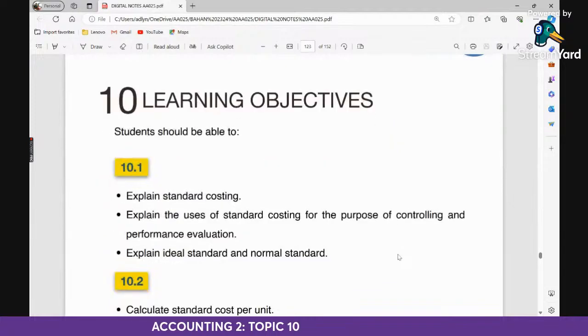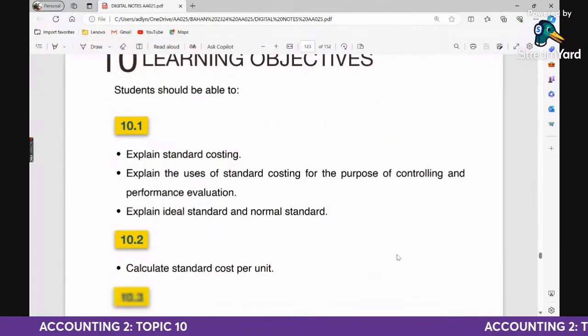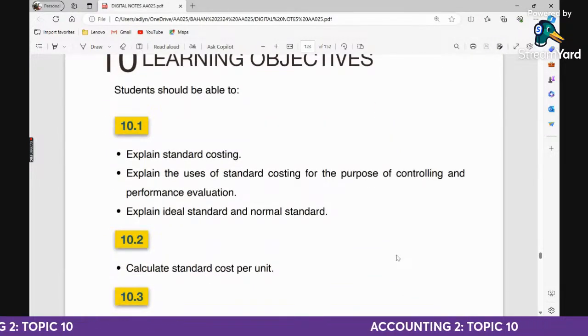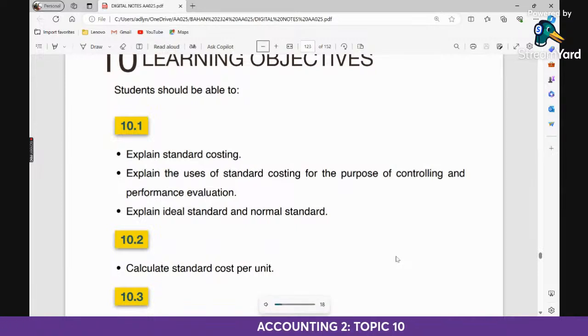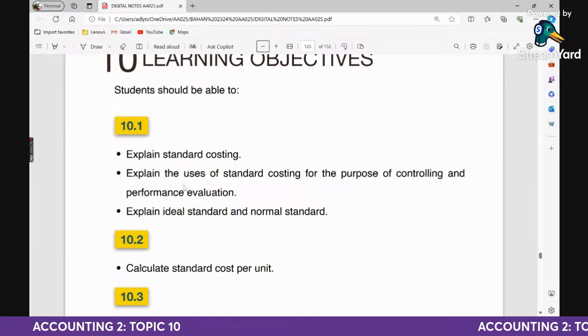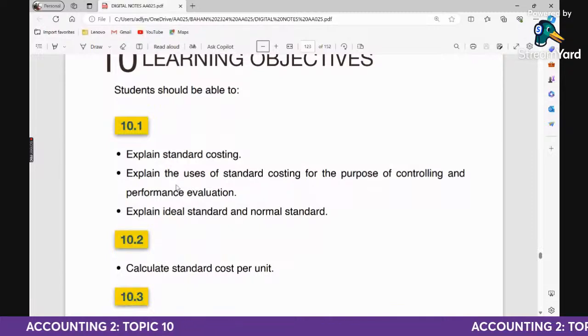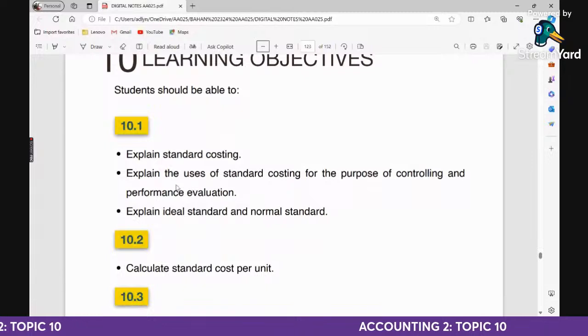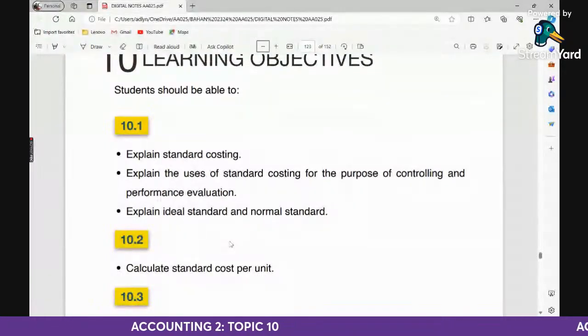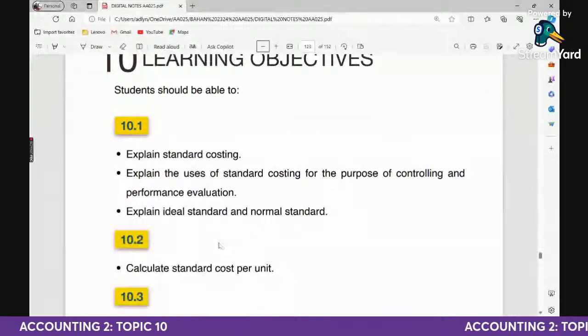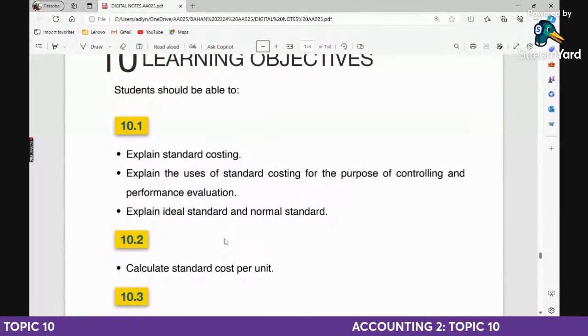Okay, we look at the learning objectives. In topic 10, we are going to look at standard costing and explain the uses of standard costing for the purpose of controlling and performance evaluation. And then we are going to explain the ideal standard and normal standard.